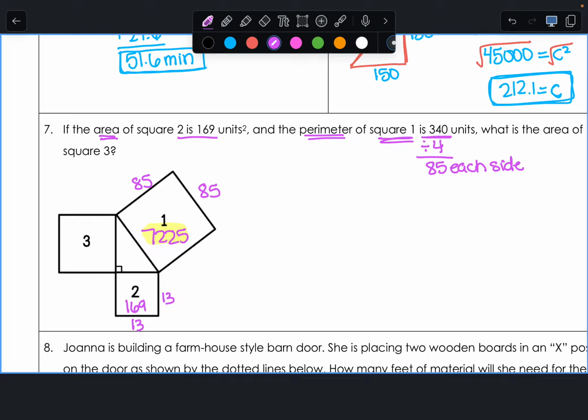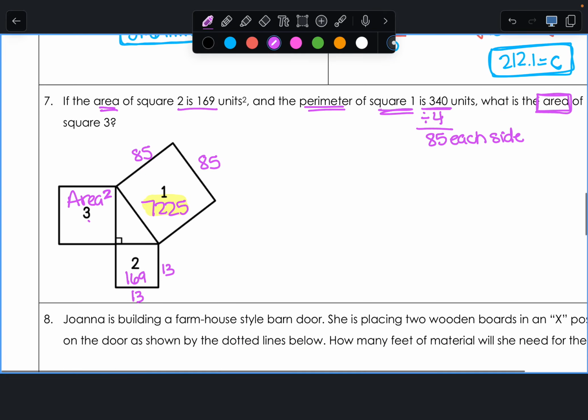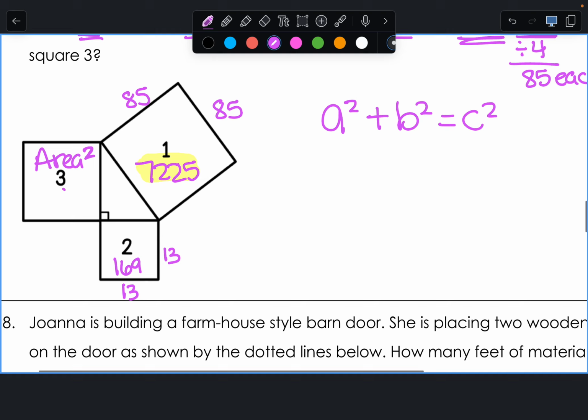Now it says, what is the area of square 3? So if they want the area of square 3, area is the number that is squared. Yeah, inside. So a squared plus b squared equals c squared. Remember, the biggest box is always C, smallest is A, so we're looking for B.